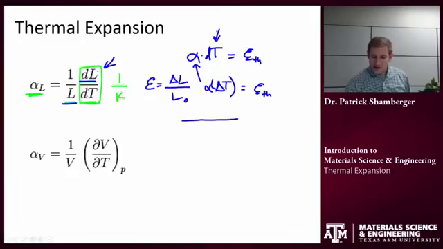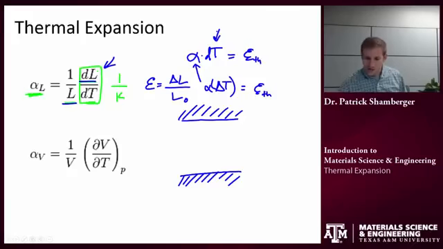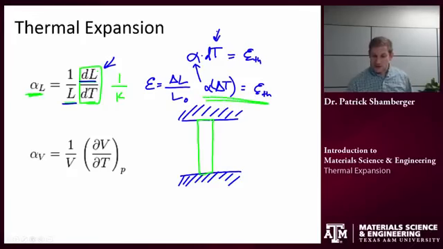Well, let's think about some part, and I'm going to have that part confined. So here's some sort of top barrier and bottom barrier, and here's the part. Now if I heat this part up, it's going to want to expand, and the expansion that it would want to see is given by this expression here, right? So let's think about if this bottom barrier wasn't here.